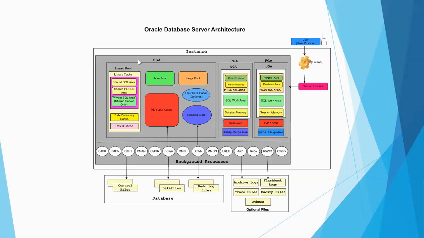So internally it will have to purge one SQL statement which has not been used recently. It will automatically purge one or two statements from the shared pool which have not been used for a long time, which have been present inside the shared SQL area for a longer time.